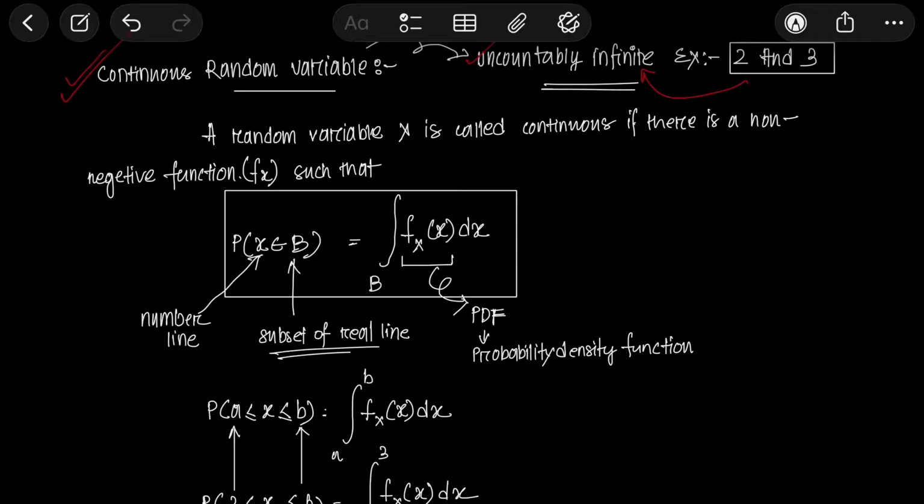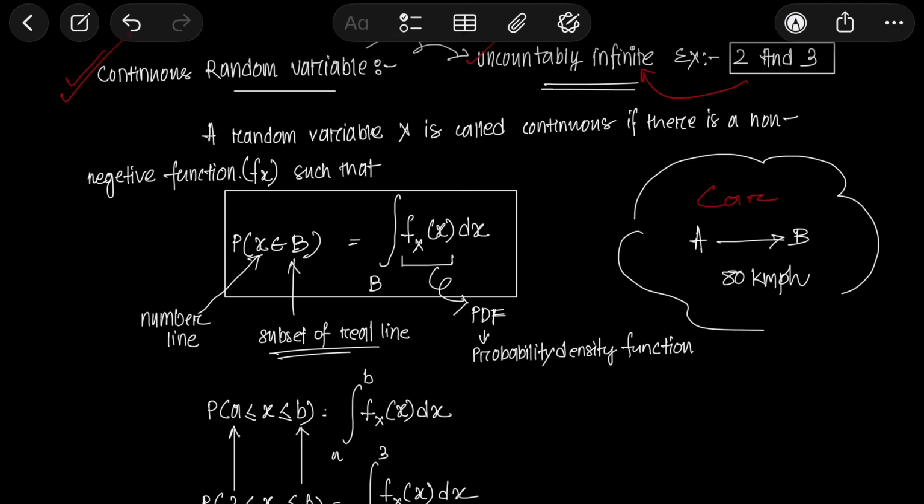So I am taking another real life example. You will better understand this continuous random variable. Suppose think of a car moving from point A to B with a constant speed of 80 kilometers per hour. Okay, you said this one.